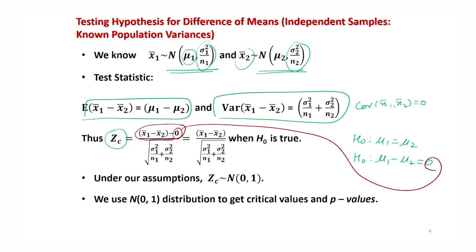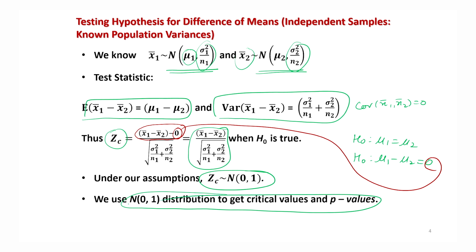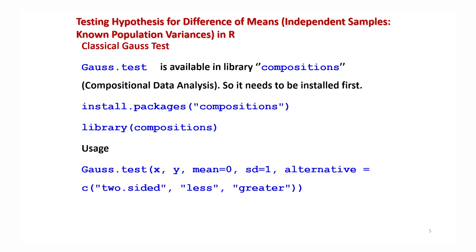In case that is something else, say delta, then this 0 will be converted to delta. Now I divide it by the standard deviation, the square root of sigma 1 square upon n1 plus sigma 2 square upon n2. So this is the test statistic, and when H naught is true, this ZC follows a normal 0 1 distribution. And so we use the probabilities from the normal 0 1 distribution to compute the critical values and the p values.